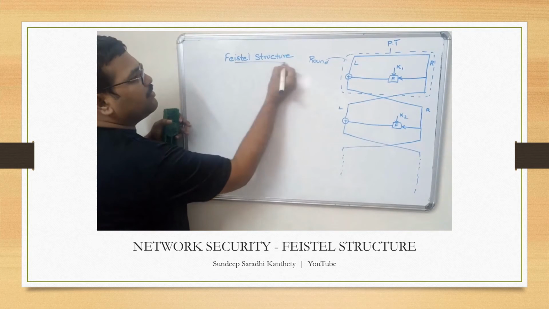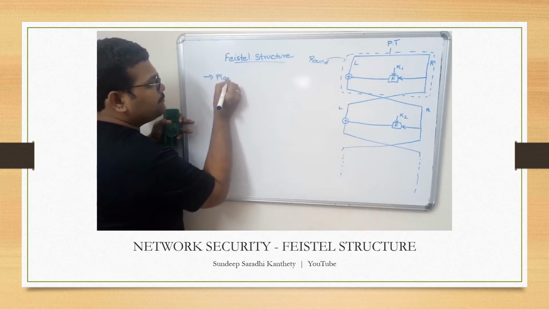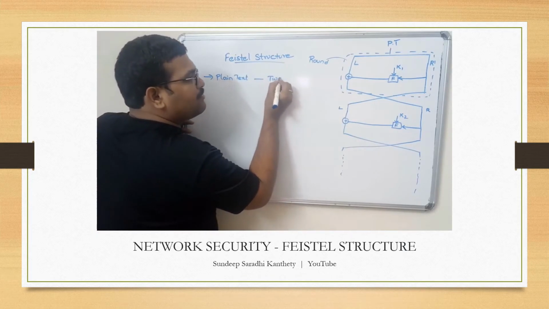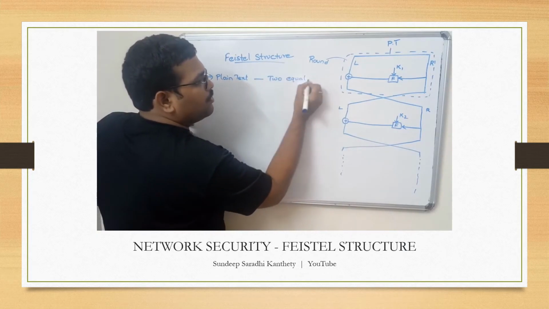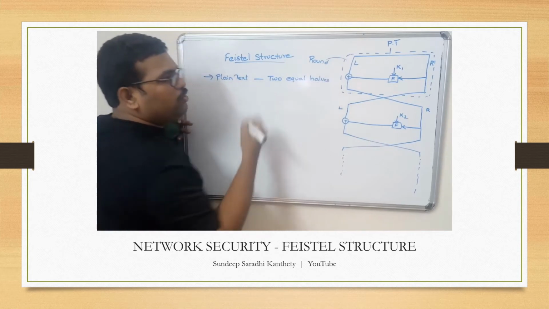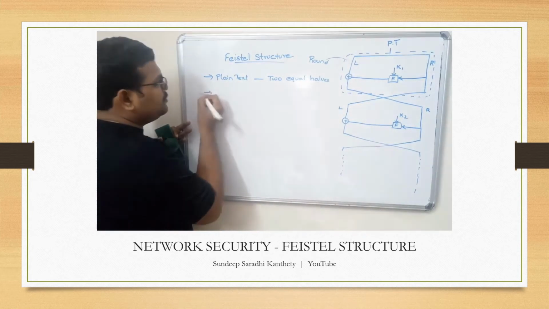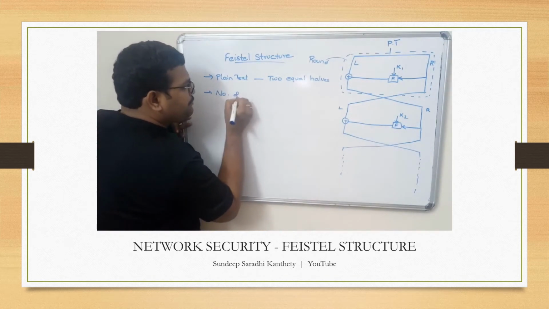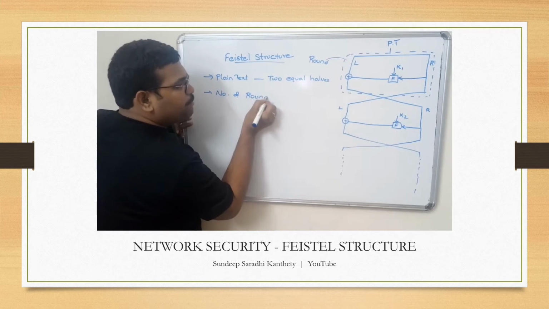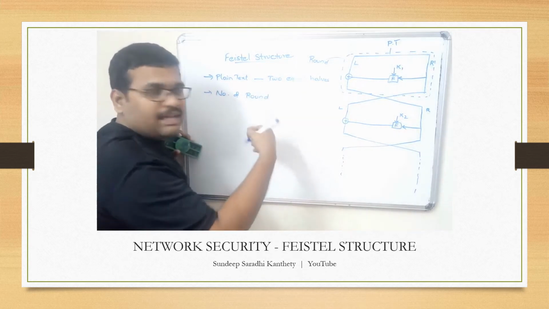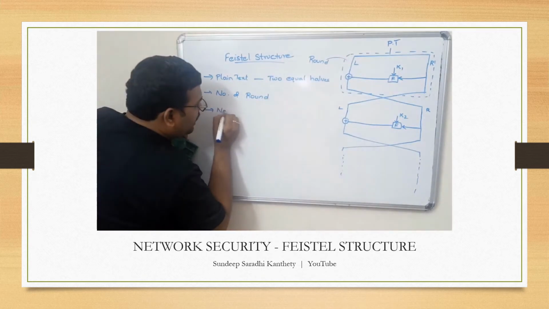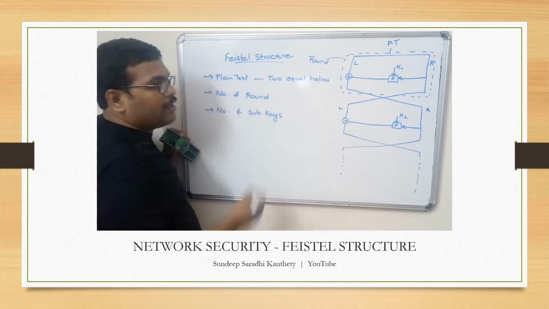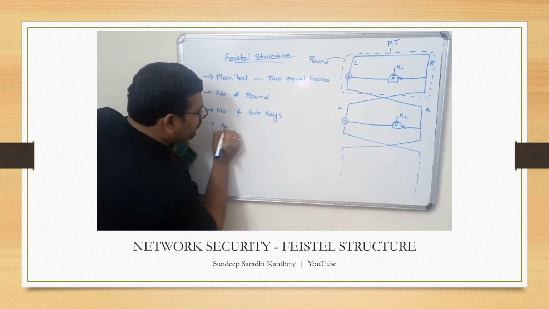That means first, the plain text is divided in two equal halves. Next, the number of rounds: the plain text is processed in a number of rounds to get the ciphertext, with a number of subkeys and swapping.